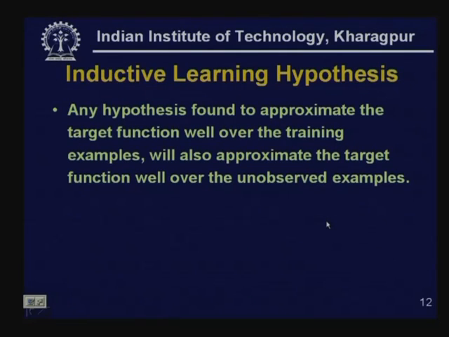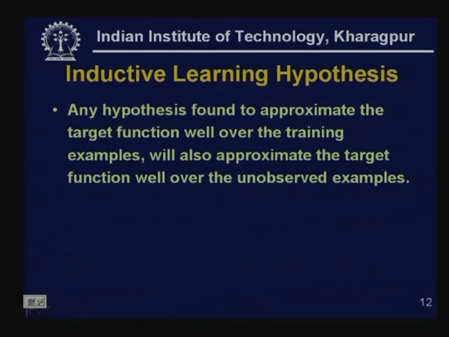So, now our objective, as we said in inductive learning, is, given a set of training examples, we have to learn a description or we have to learn a hypothesis. And as we have noted, we cannot learn this deductively because we do not have access to information about all the instances.